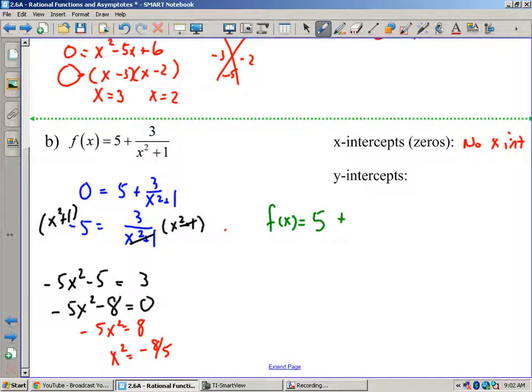And you can see that for my y-intercept, this should end up being 8, which means that I have 0 for x, 8 for y. And so with no x-intercepts, this has no horizontal asymptote. It doesn't have any vertical asymptotes because, again, if I set the bottom equal to 0, so this graph is just going to be, I don't know, kind of a squiggly line or something.